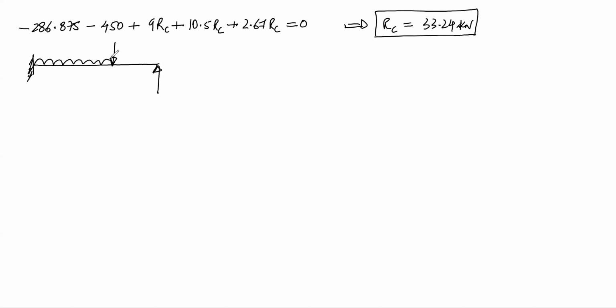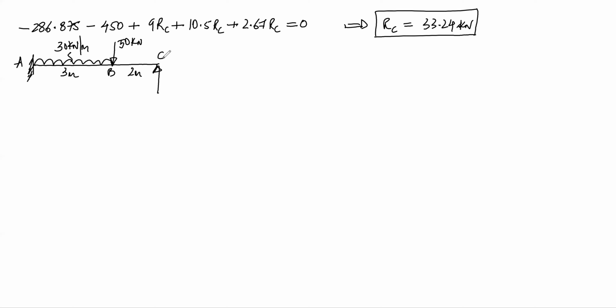The UDL is 30 kilonewton per meter. The point load is 50 kilonewtons. This span is 3 meters and this is 2 meters. This is point A, point B, and point C.